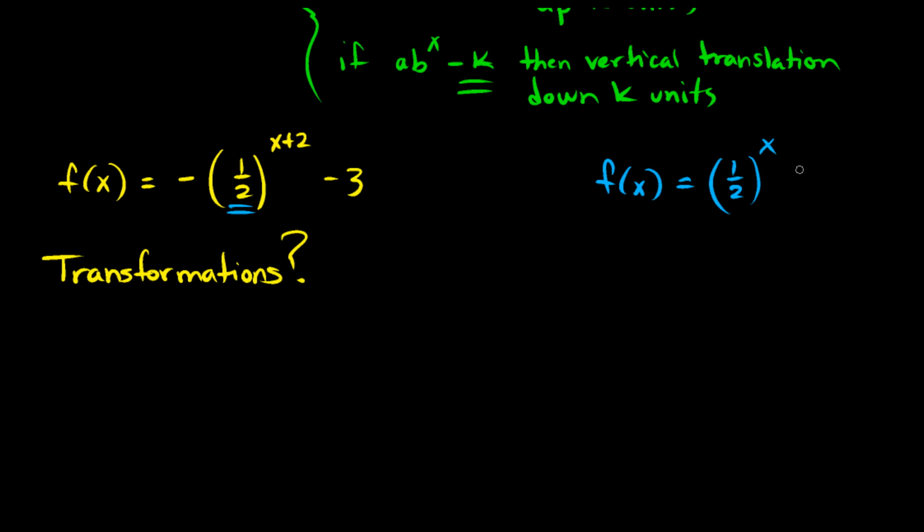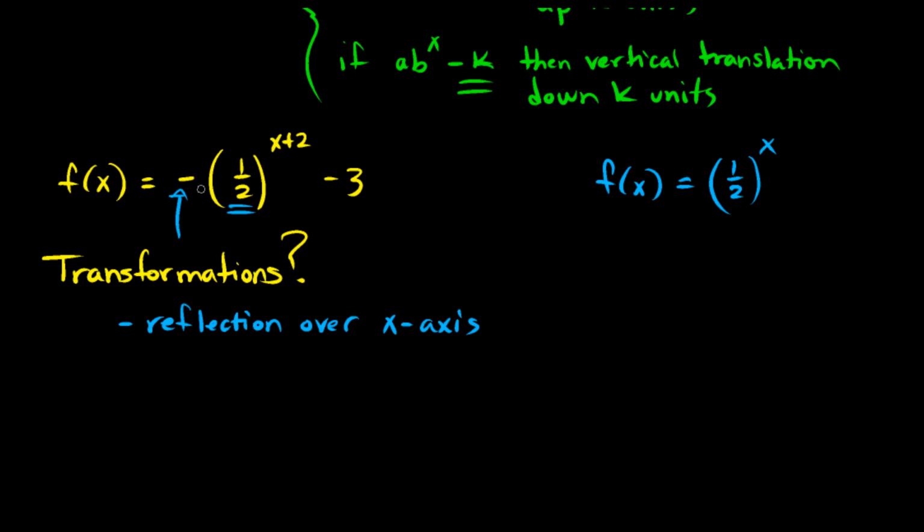Well, the first thing that's happening to it is that you've got a negative 1 in front of the 1/2. So your lead term, your a value, is negative 1. That means that there's going to be a reflection over the x-axis. That's the first thing that you'll see here.